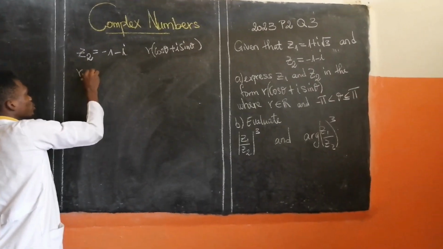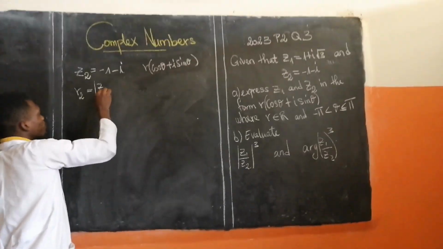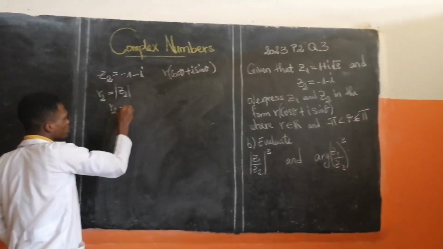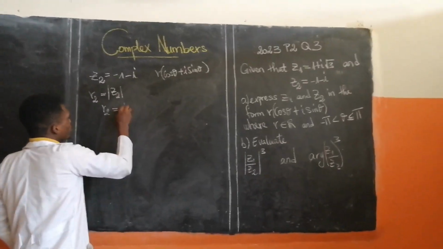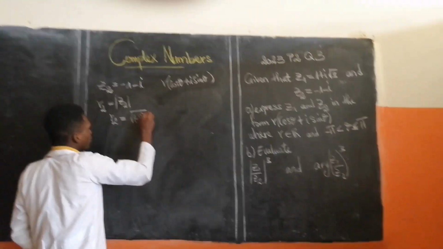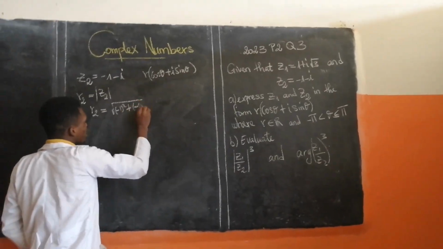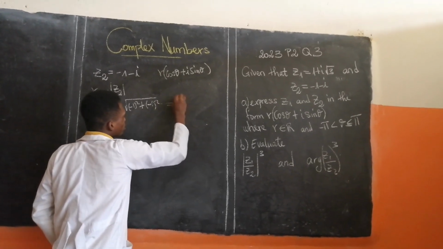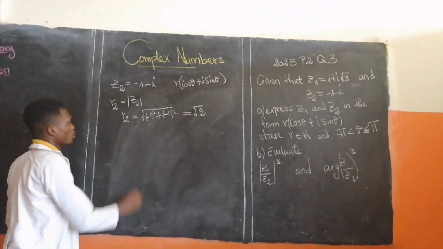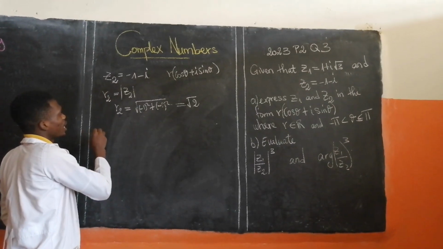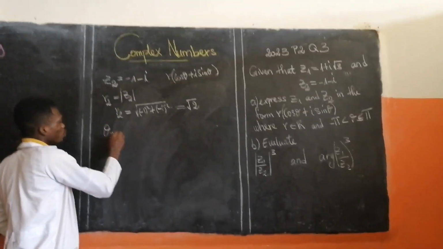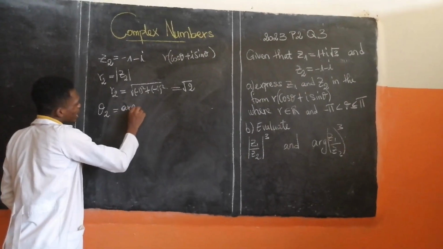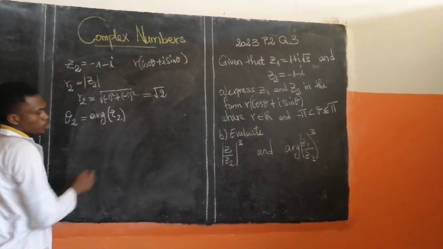R2 is the modulus of Z2, so R2 is going to be equal to the square root of negative 1 squared plus negative 1 squared. Exactly. So we're going to have the square root of 2 as the modulus of Z2. Now what about theta 2? It is the argument of Z2.